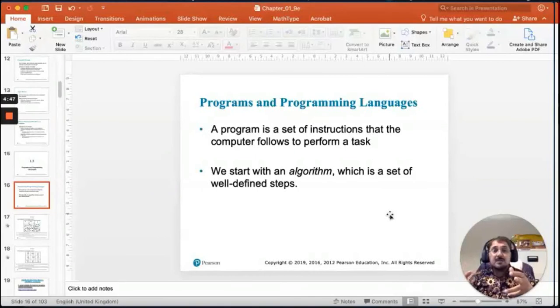And if we write the same steps in a computer language, then it is called a program. If anyone improves this skill, he or she can become a great computer programmer.